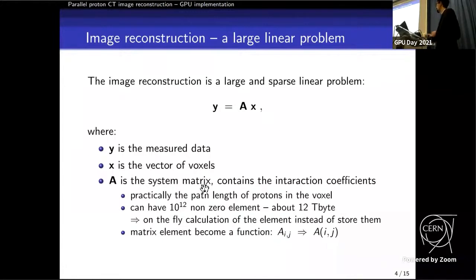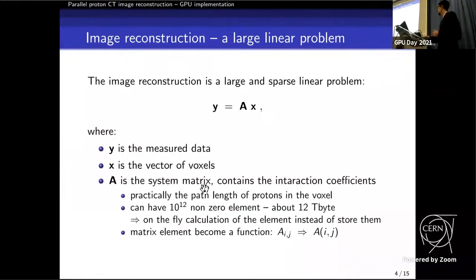Another problem is that the A matrix is very huge, but we have a fortune because it's sparse, as each proton interacts with only a small subset of voxels. But even the number of non-zero elements of the matrix can reach 10 to the 12, which is so large that it's not efficient to read it from a disk in every iteration of the solution.